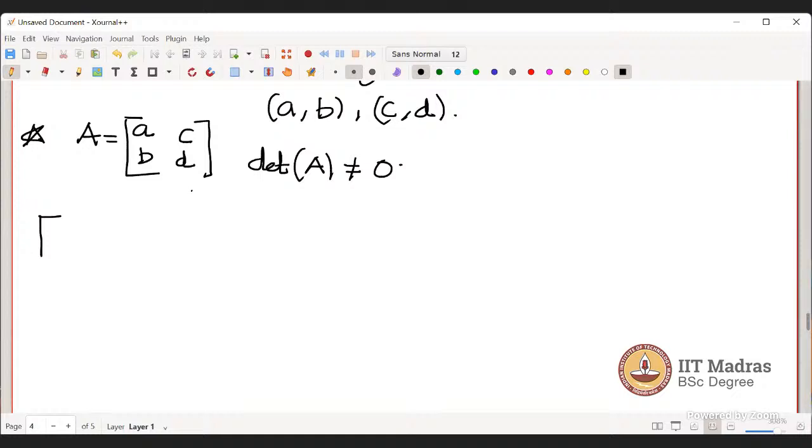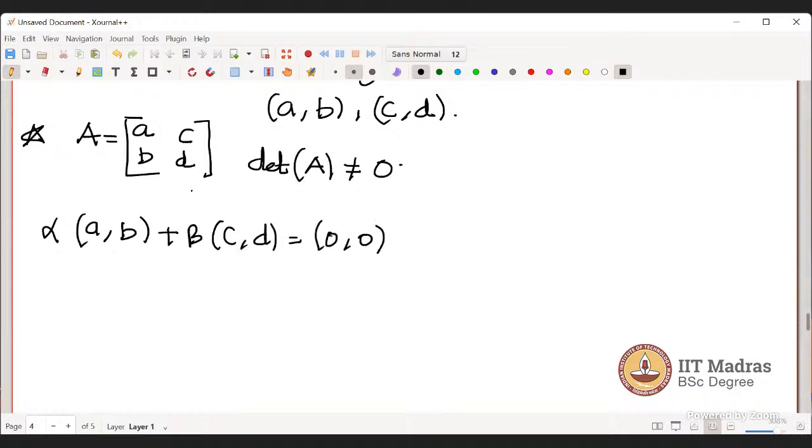So basically I have to show that alpha times (A, B) plus beta times (C, D) is 0 if and only if alpha, beta is 0, right? Yes, sir.